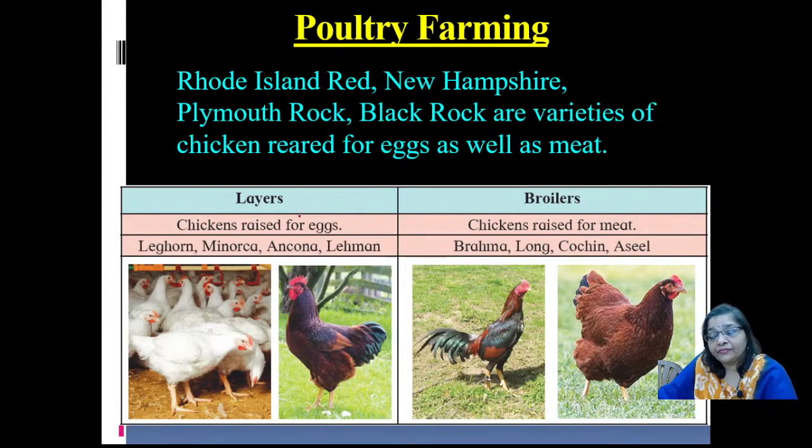The Brahma, Long, Cochin, and Asil are the Indian varieties raised for meat generally. So poultry farming is not as simple as people think; a lot of work is needed to look after the chickens raised for eggs, the layer birds, as well as the broiler birds raised for meat.